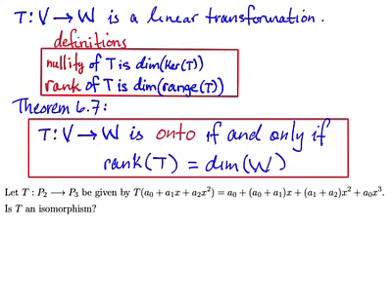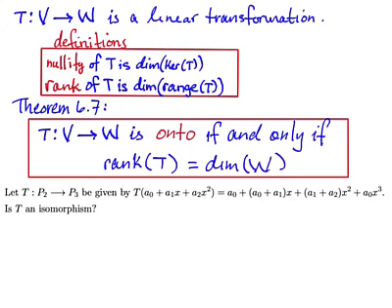Let's do an example. So here we have a linear transformation from P2 to P3. And it's given by T of the second degree polynomial a0 plus a1x plus a2x squared is equal to this third degree polynomial a0 plus a1x plus (a1 plus a2)x squared plus a0 times x to the third.